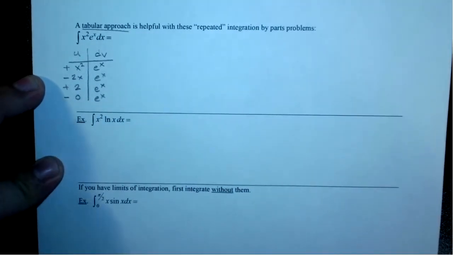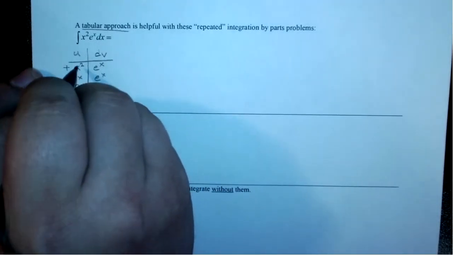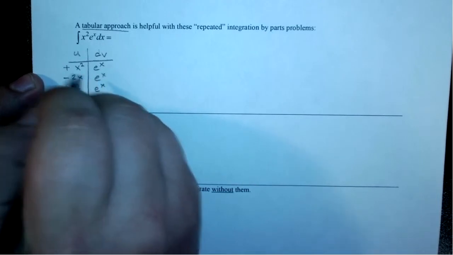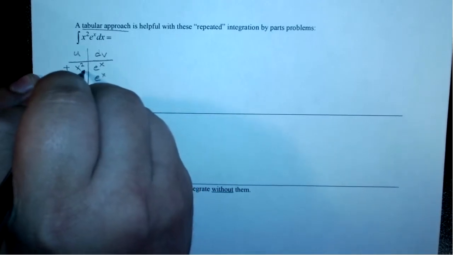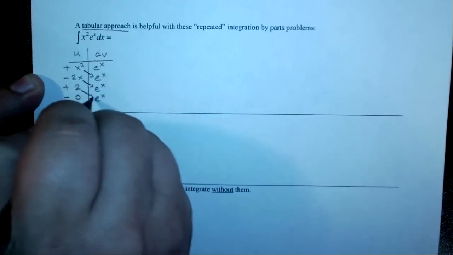Okay. So now what do you do? Well, now you're going to multiply your u diagonally across to your next dv. Okay, so you're going to multiply these that I'm drawing the arrows to.